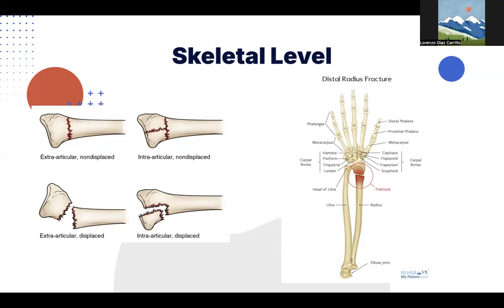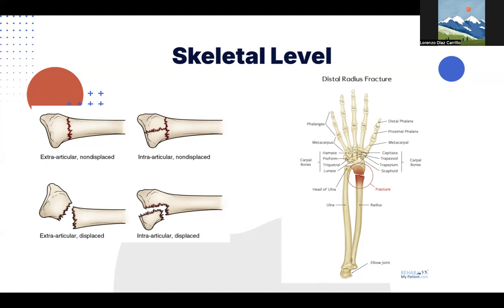But again, the image on the right is a bigger picture of where the fracture usually occurs, and you can see that on the distal end of the radius, that's the location of the fracture. It'll cause the wrist and hand to become inflamed and painful, reduce range of motion, etc. But also keep in mind that it can affect the digits as well. Like I said in this video, I'll probably say it again in other videos, the upper extremity is a small space with a lot of structures.